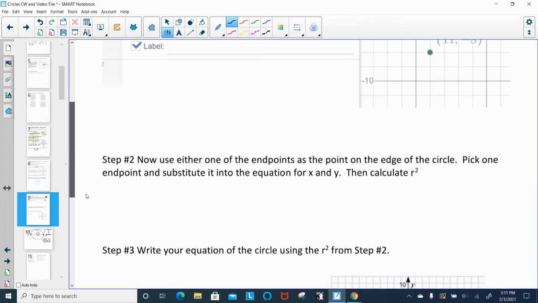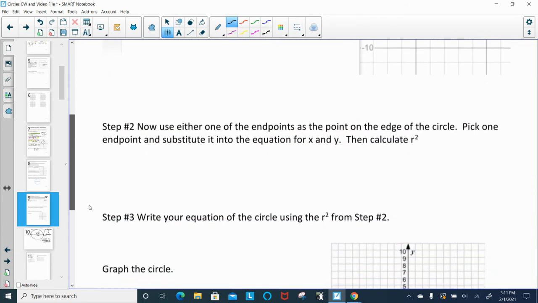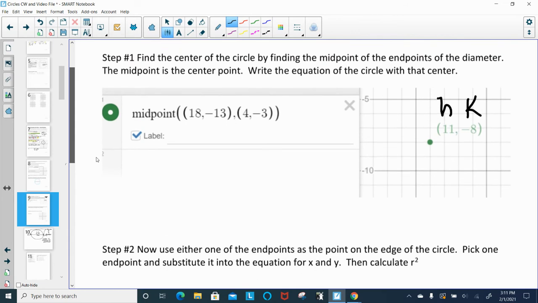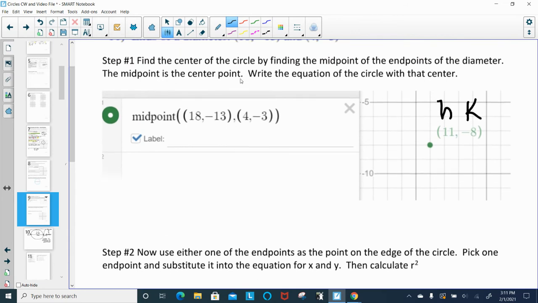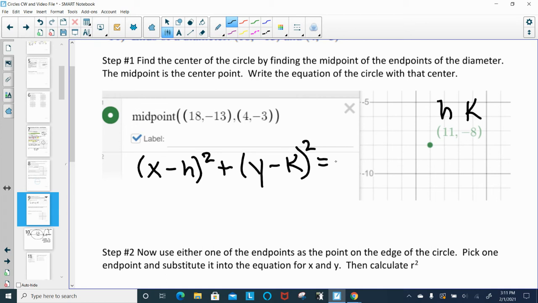So now what do we do? Well, the first thing we're going to do, actually that's still in step 1, we're going to write the equation of the circle with that center. So x minus h squared. This feels kind of familiar. Didn't we just do this a few minutes ago? We don't know r, but we'll get there.